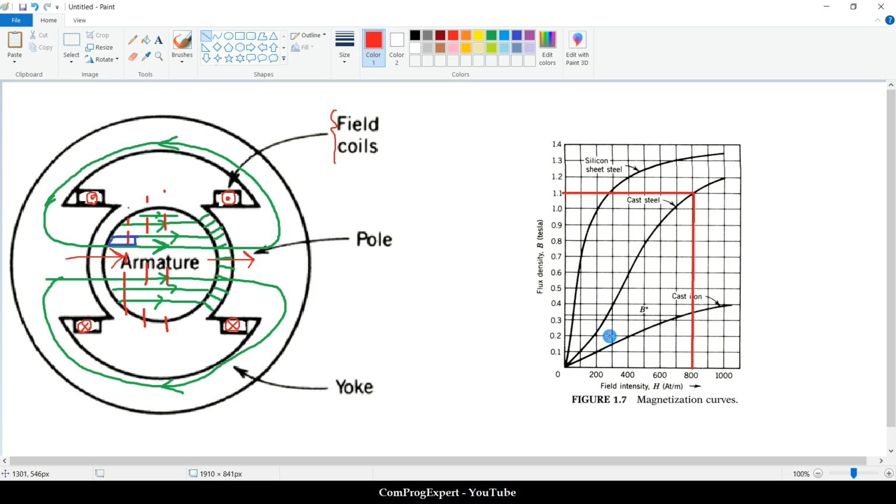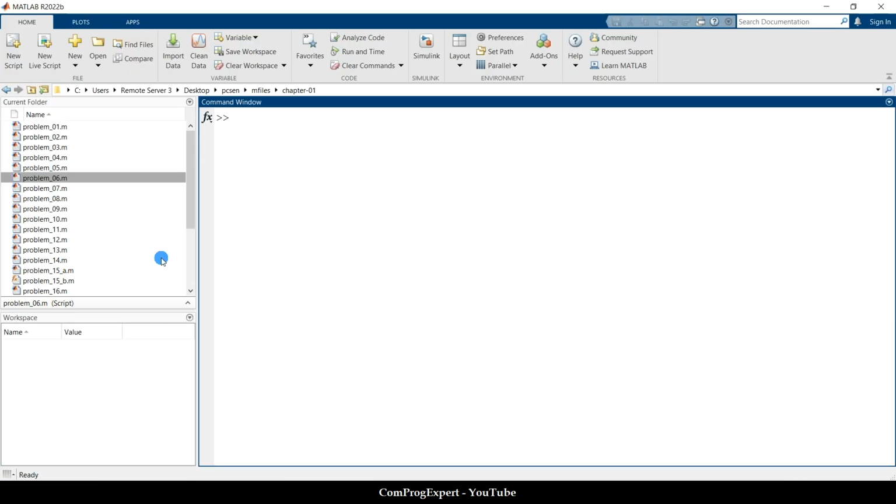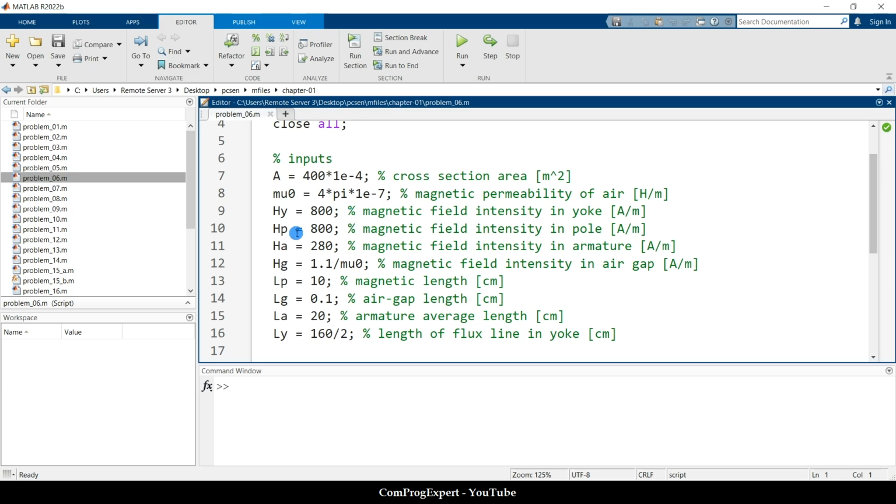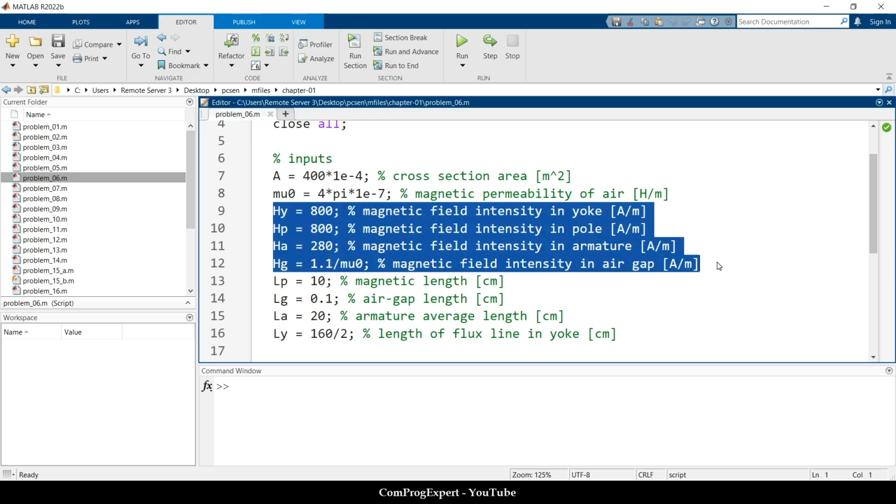And the value of H for the silicon steel sheet is equal to this one. We don't have HB curve data to use interpolation in MATLAB. So approximately we can say that this is equal to 280.